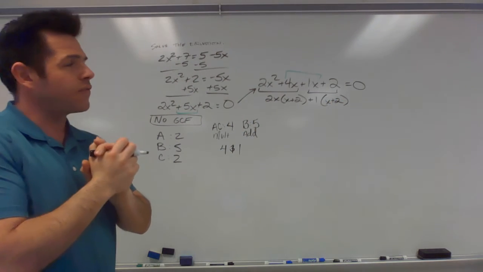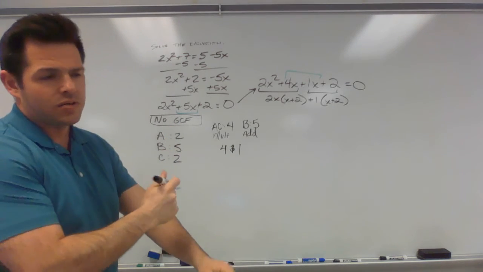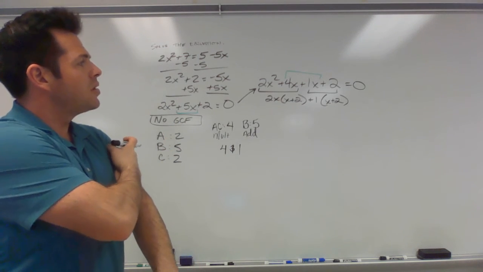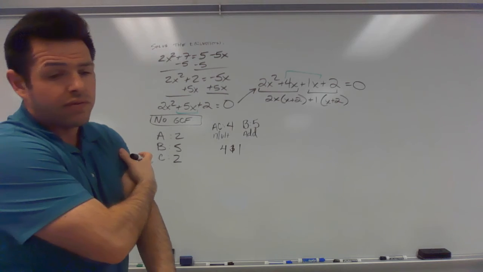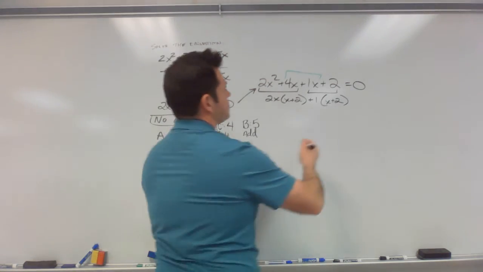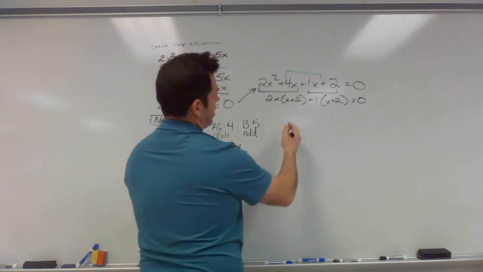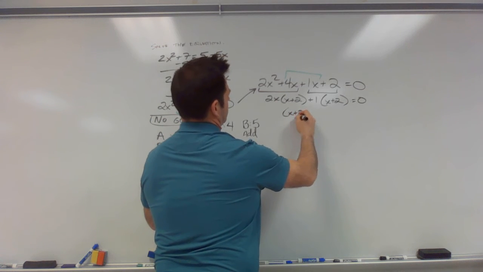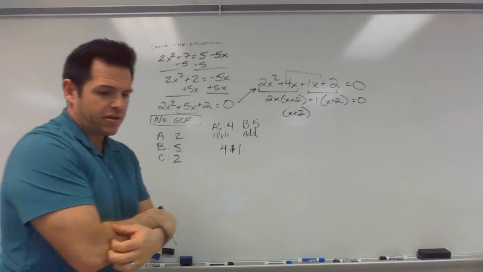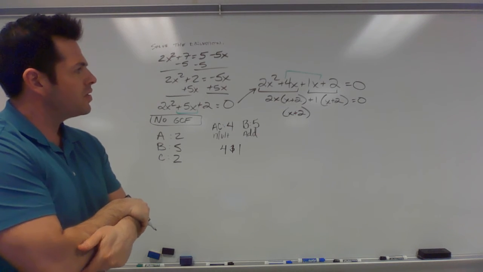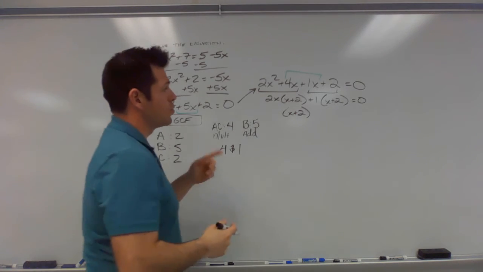Again, no GCF for 1x plus 2. We do need a placeholder of 1 here, and we do get the common binomial that we were looking for in x plus 2 in the parentheses. So one of our groups is the common binomial, x plus 2. The other group is made up of a combination of the GCFs, in this case 2x and 1.